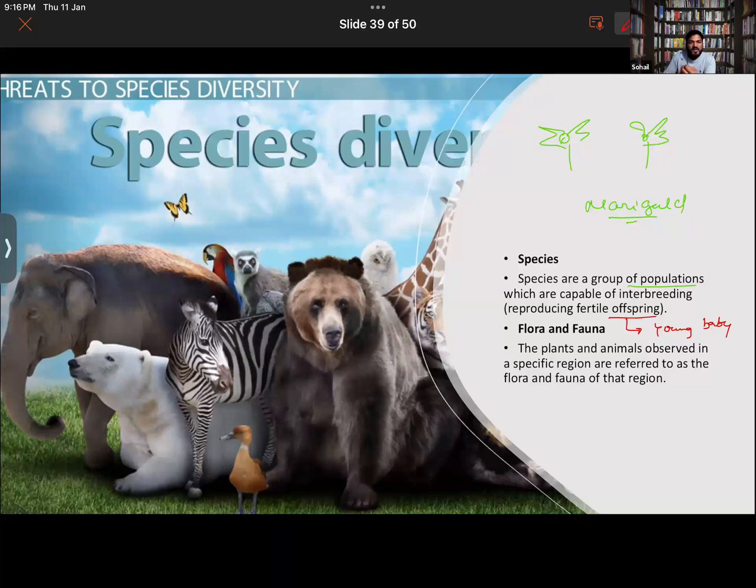Further, we can elaborate the definition and say that flora is all the plant life present in a particular area or at a particular time. So that is the flora for you, and the fauna is the different types of animals that are present in a given area and given period of time. That is what it means.